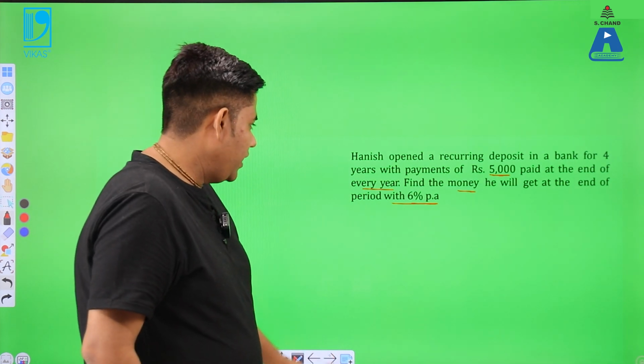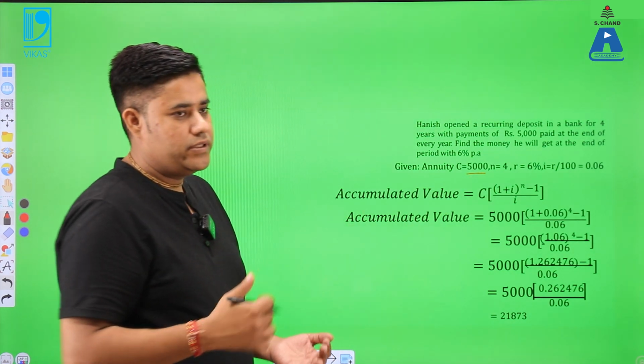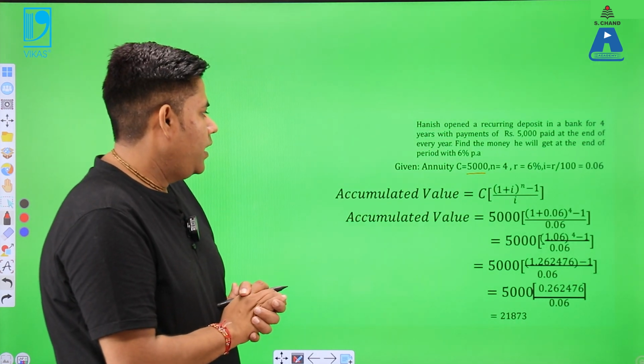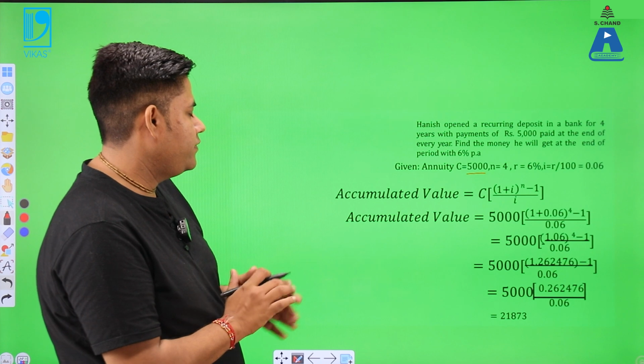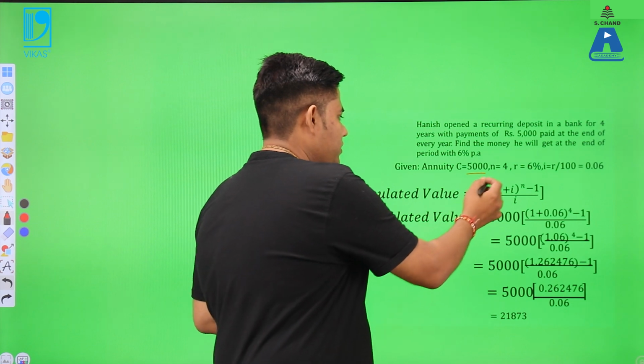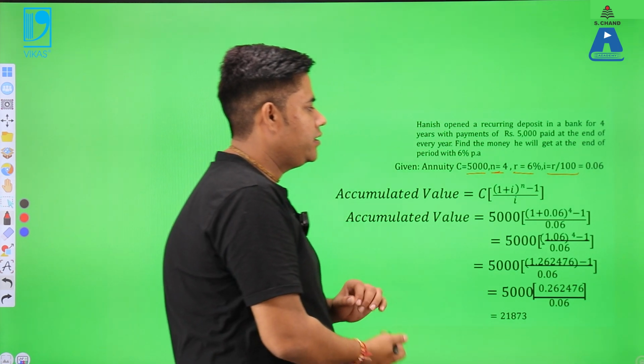So you know that the banks generally do the calculations based on the compound interest values, but the accumulated value is to be calculated as the annuity. So here annuity value is mentioned to us as 5,000. That means a person deposits in the bank a fixed value which is 5,000, and the person generally gives this value at the end of every year, and the number of terms is mentioned, 4, rate of interest is also mentioned, and i is required to be calculated.